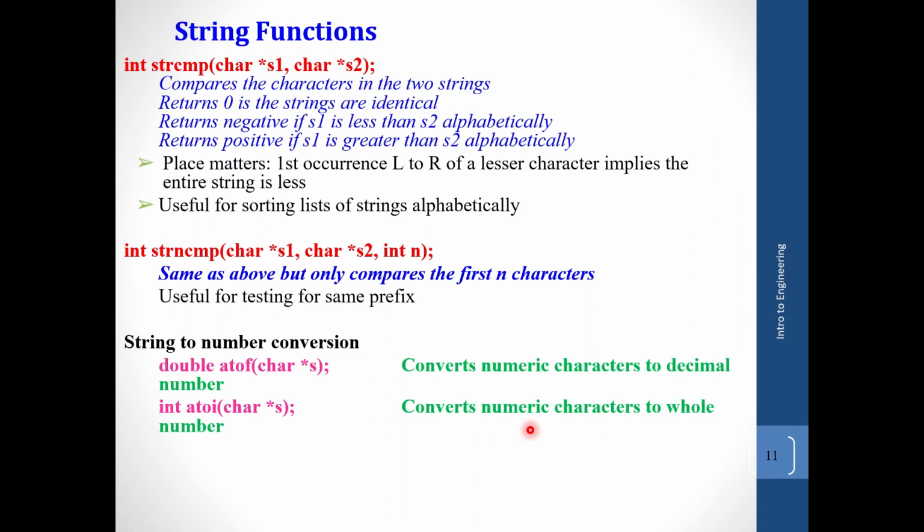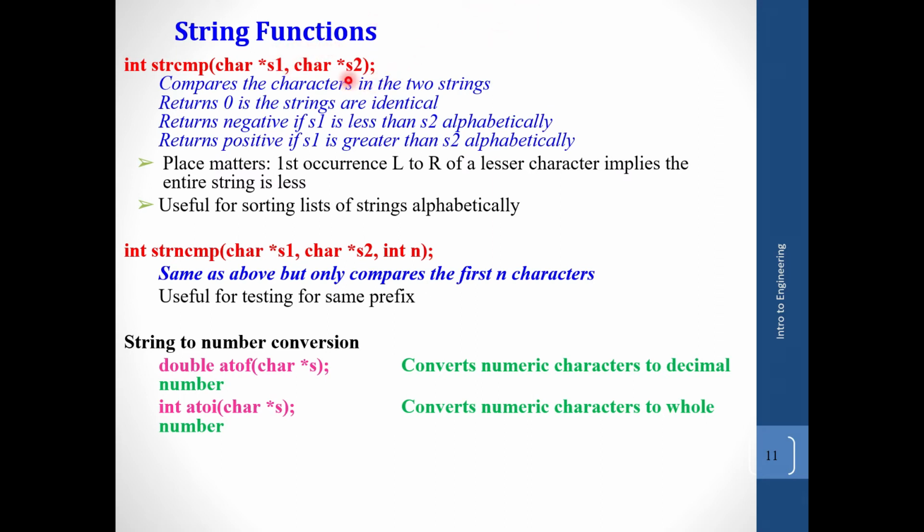Okay, let's talk about another type of string function called string compare. String compare takes 2 strings and compares them via the ASCII table based on their differences. So this will take 1 letter at a time from left to right and say, are these 2 letters the same? And then it'll go to the next letter and it'll say, are these 2 letters the same? And it'll keep going.